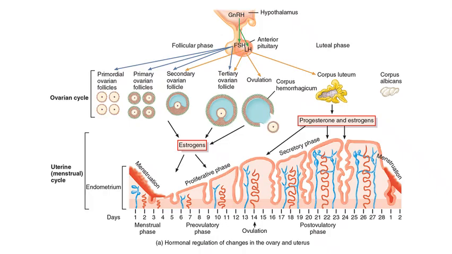The ovarian follicle forms what looks like a blister-like bulge due to the swelling antrum on the surface of the ovary. During the final maturation process, the tertiary ovarian follicle continues the further production of estrogens.